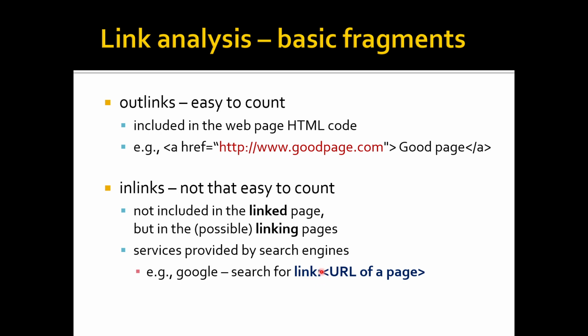If we enter into the text box of Google a search statement like link, double colon, and the URL of the page, we basically get the results, and we also get the number of the inlinks.